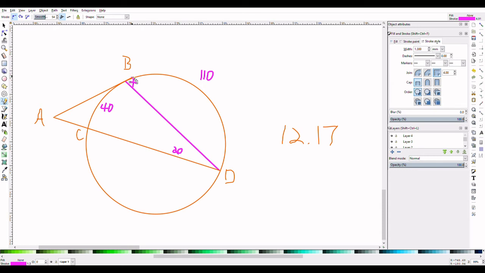So if you recall, this is Z. We know that DBZ will be 1/2 of 110, so it's 55 degrees.